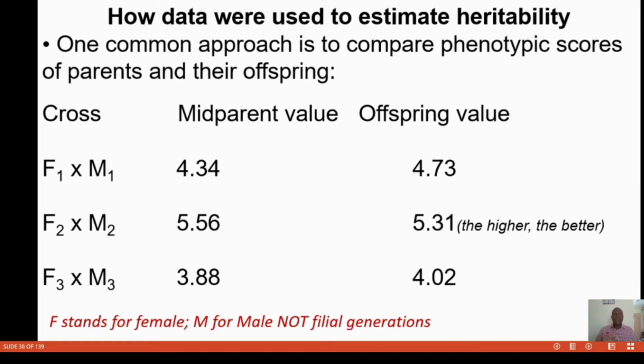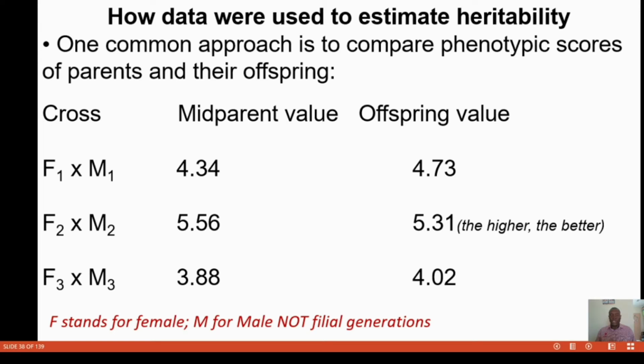Now, let's see how this data was used to estimate heritability derived from the crossing of the female 1 and the male 1 in one cross, then the female 2 and male 2 in the other cross, and the female 3 and male 3 in the other cross.